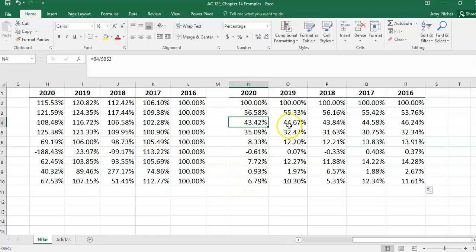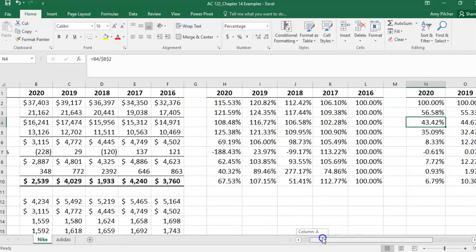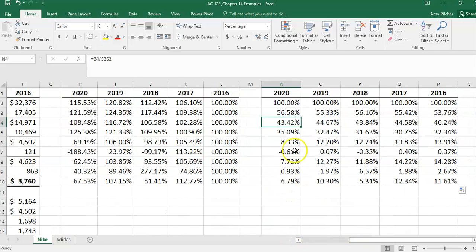This is our gross profit. This will also be what the gross profit margin is. So if we were looking at financial ratio analysis, the gross profit margin is gross profit divided by revenues. And our net income ratio is net income divided by revenues. So we already have that information here, net income divided by revenues and gross profit divided by revenues.